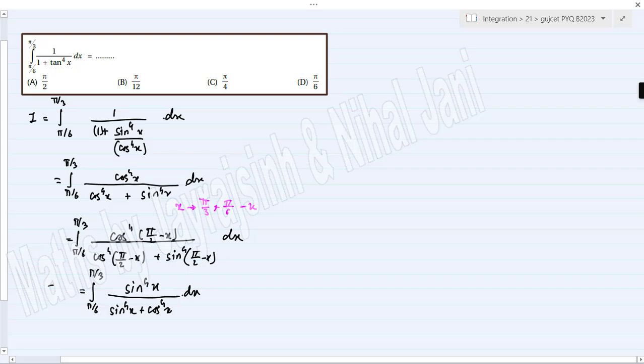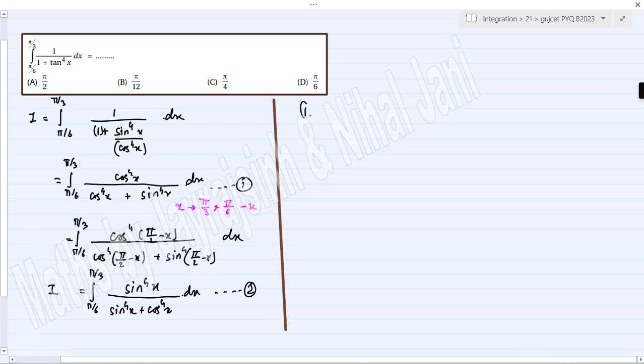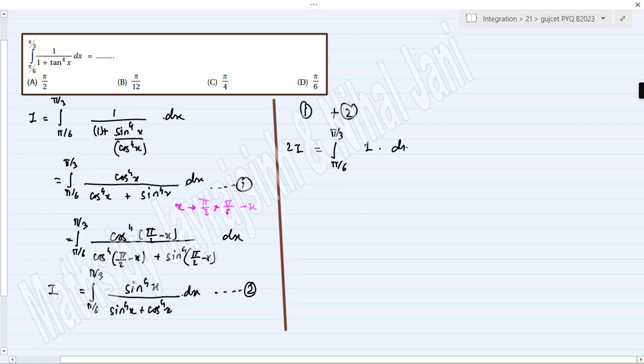This is your equation number 1 and equation number 2. Equation number 1 plus equation number 2. So we'll get 2 times I is equal to integration from pi by 6 to pi by 3 of 1 dx. Integration of 1 is x.